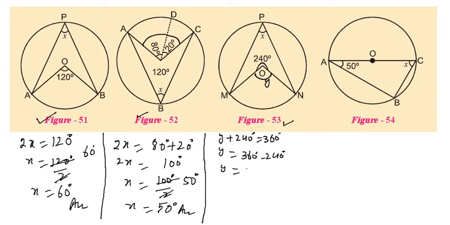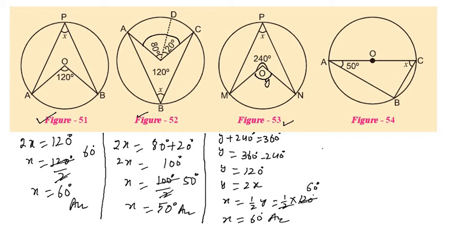That means it will be 120 degrees. As you know, the relationship between x and y, y is always 2 times x. So x is equal to 1 by 2 y. Put the value of y, 120 degrees. So we can cut it. It will be 60 degrees. So x is equal to 60 degrees. That one is your answer.